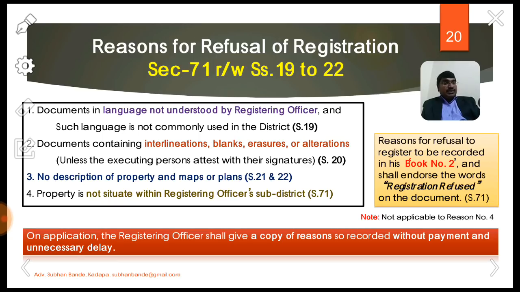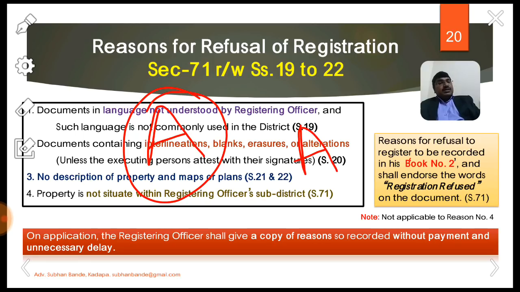The fourth reason is if the property is not situated within the registering officer's sub-district. Mr. A has certain property in Adilabad district.